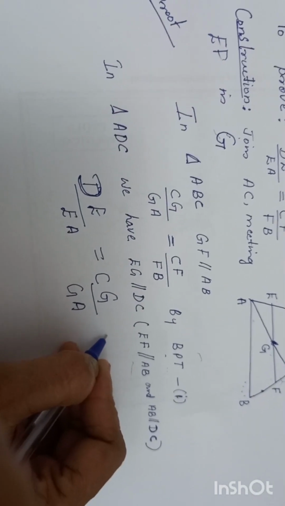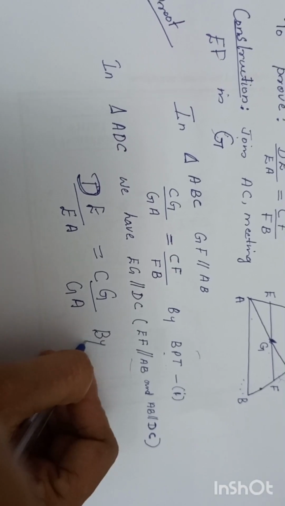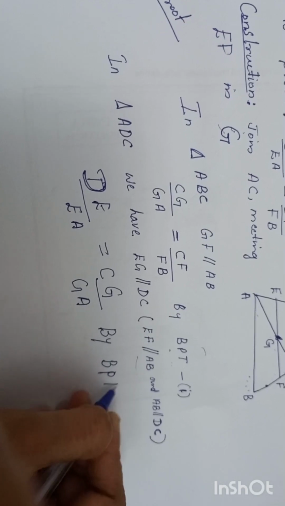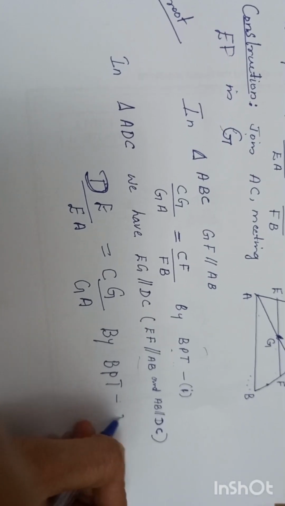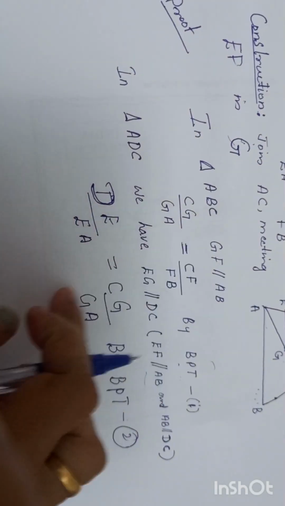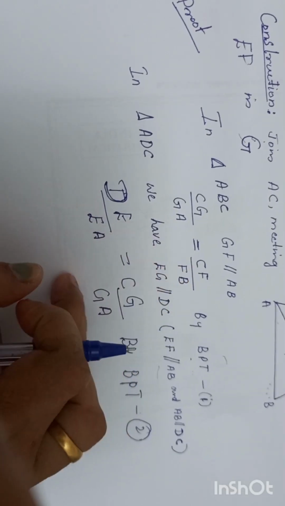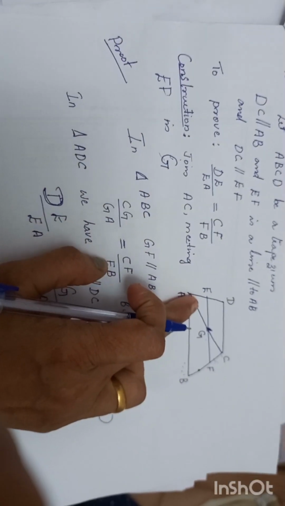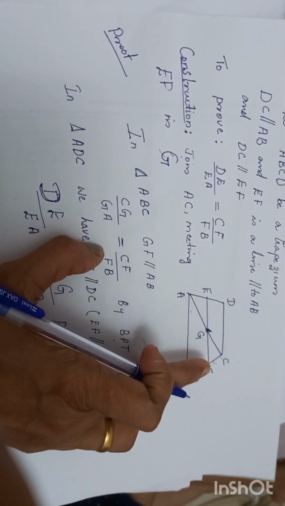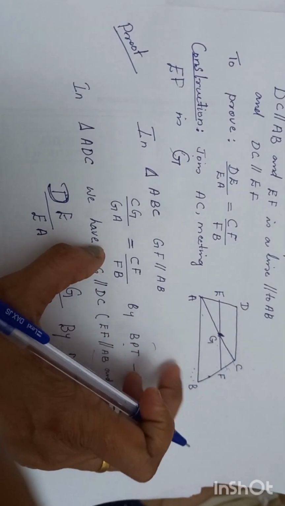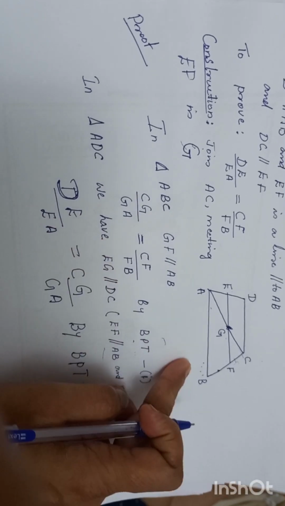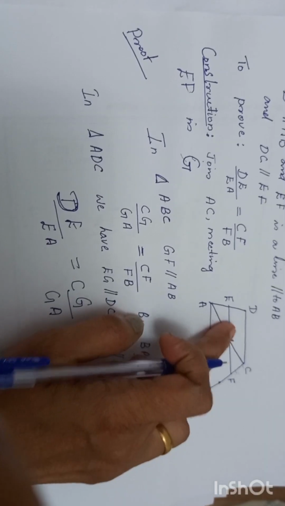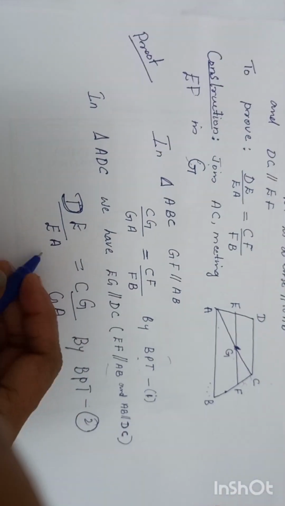What is the reason? By BPT, basic proportionality theorem. Equation number 2. Comparing this equation 1 and 2, we get CF by FB is equal to DE by EA.